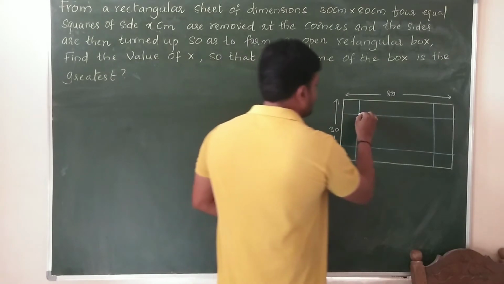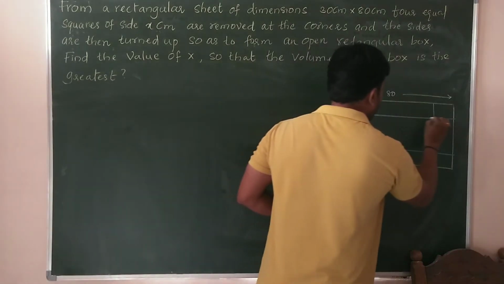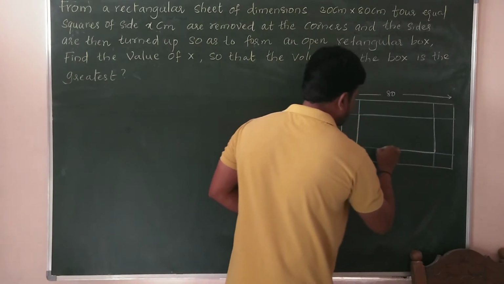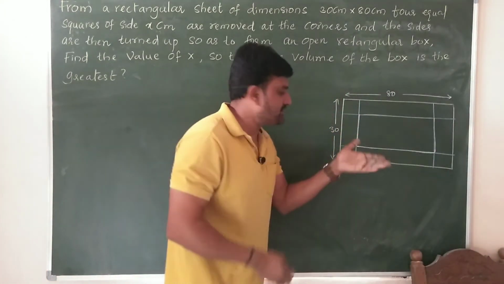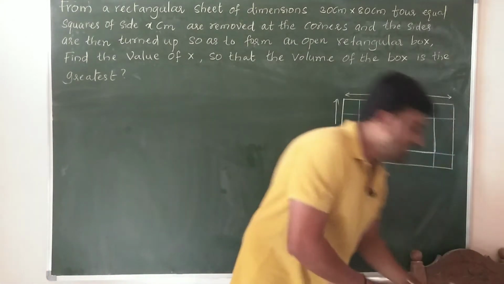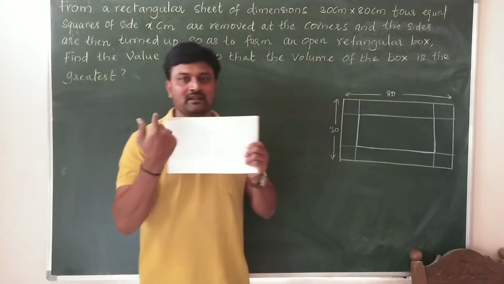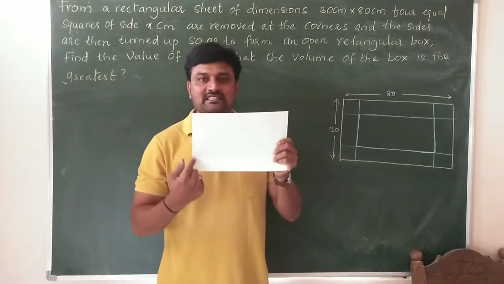After removing, this becomes a box. The removed x becomes the height. Let us observe, the given sheet is 80 centimeters by 30 centimeters.